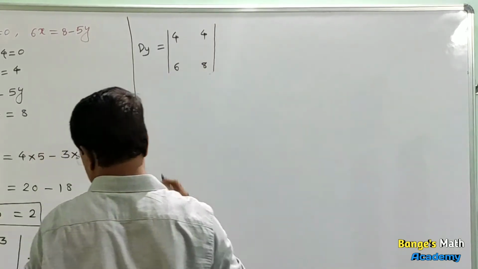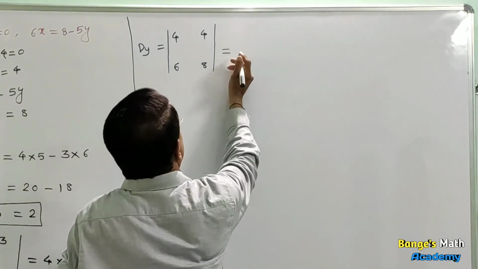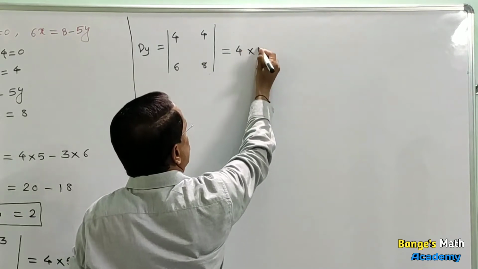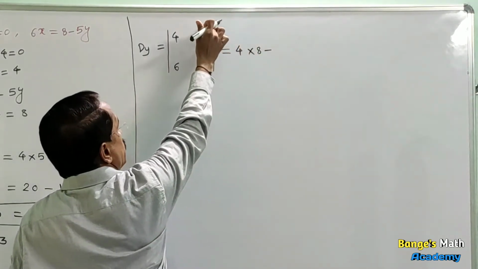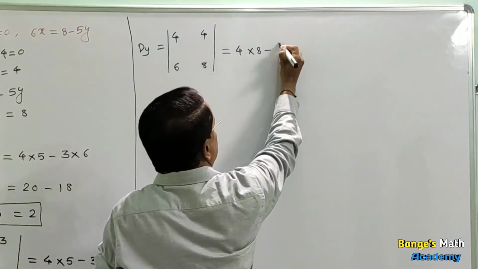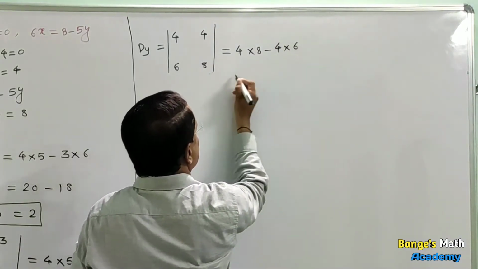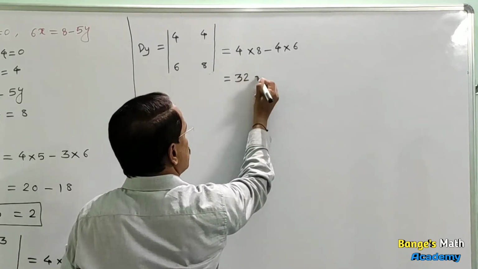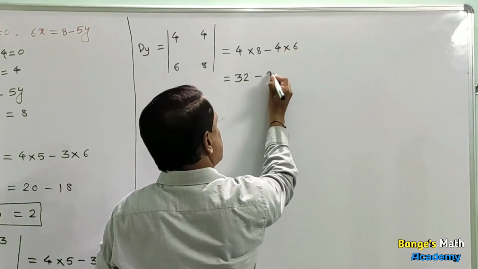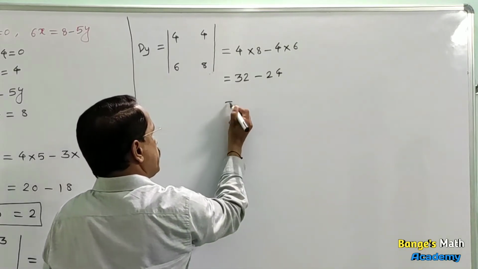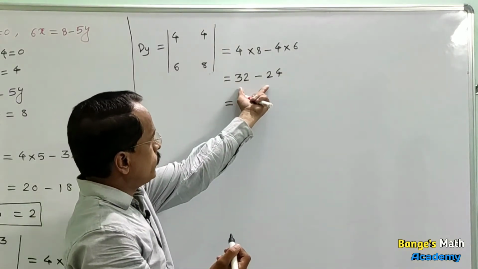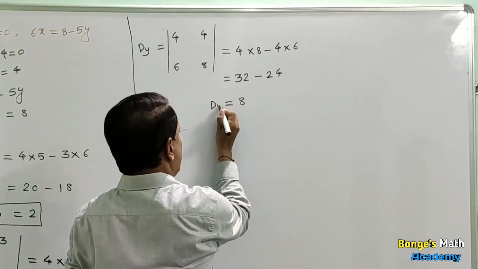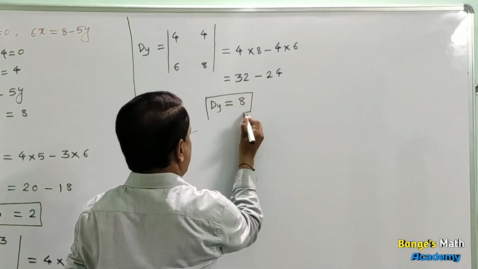Simplify this, is equal to, first of all take the product of 4 into 8 minus the product of 4 into 6, is equal to 4 into 8, 32, minus 4 into 6, 24. Then subtraction of this, 32 minus 24, 8. We get the value of dy.